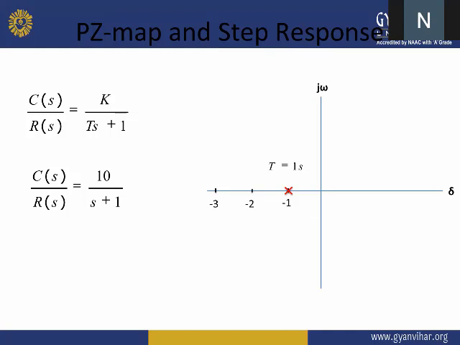When we plot the pole zero map, the step response can be obtained in a way that the number of poles is equal to 1, which is at s equal to minus 1.